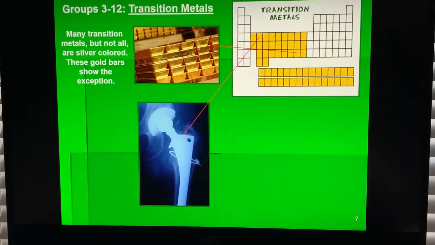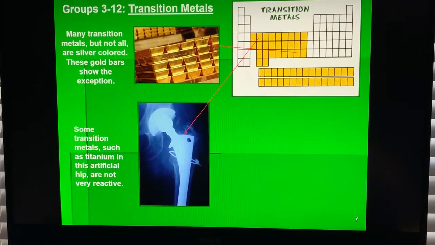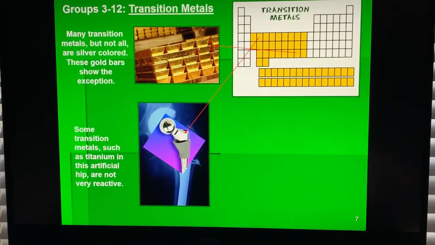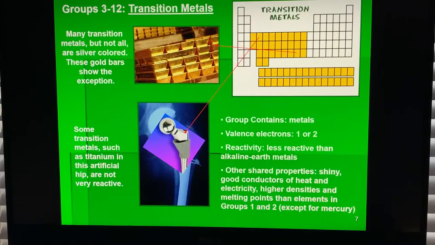Like this, that is an artificial hip joint through an X-ray. And it's made out of titanium. That's what it looks like in reality. Silver looking, right? And the reason that you can use titanium in a human body is because it's not very reactive. The reactivity ranges from metal to metal, but they're definitely less reactive than the alkaline earth metals.